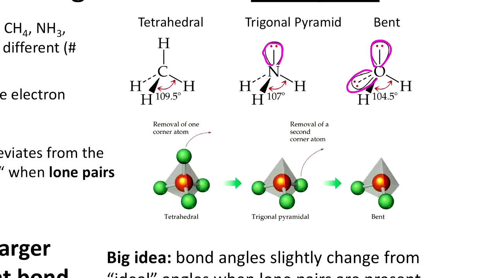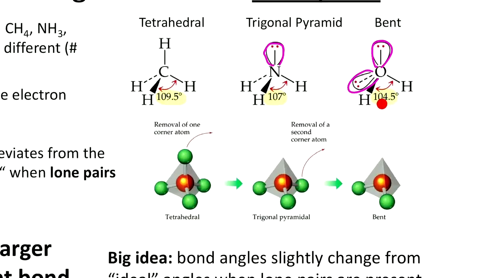So if we look at the bond angles as we go from molecule to molecule, we see that even though all of them start with an electron domain shape of a tetrahedron, in water, the bond angles are just a little bit closer together. And the big idea is that these lone pairs are big, fat, and juicy, and they take up a lot of room. And they push the bonds a little bit closer together to deviate a little bit away from that ideal bond angle.